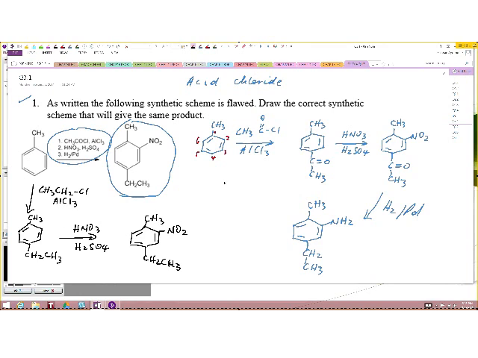Okay, now supposing you have this. I don't want to erase that. Supposing I have this here. Okay, well, let me go to a new page.